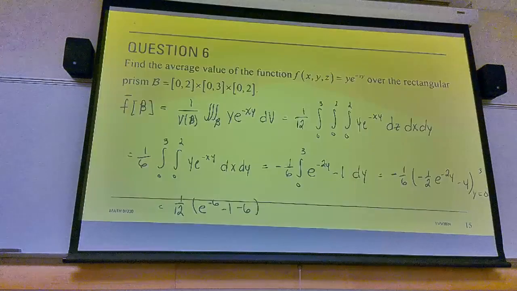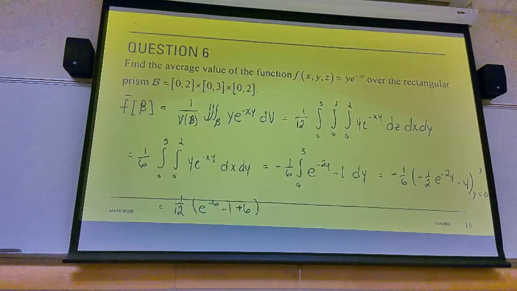Is that right? No, plus. So factor out a negative.